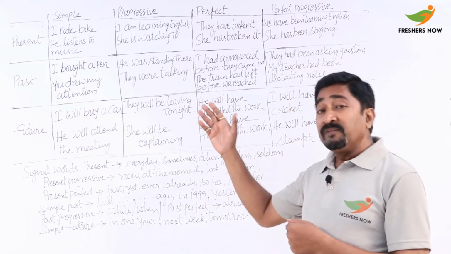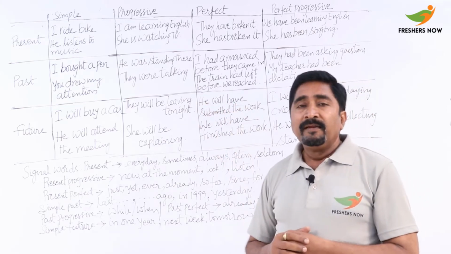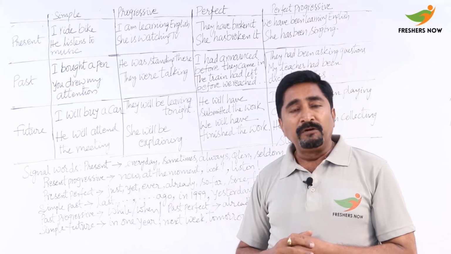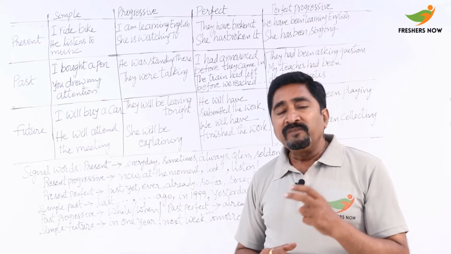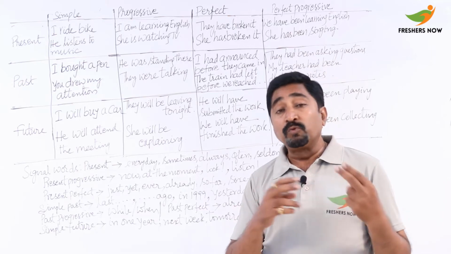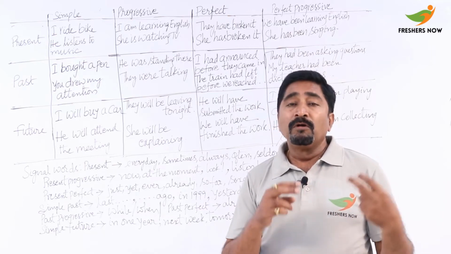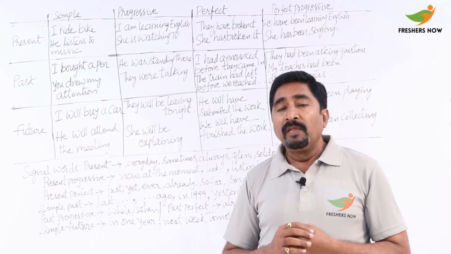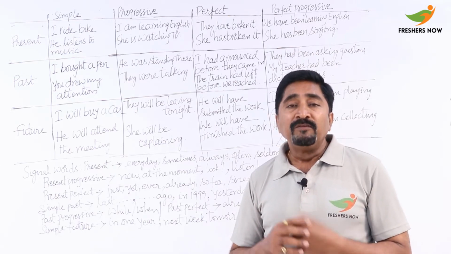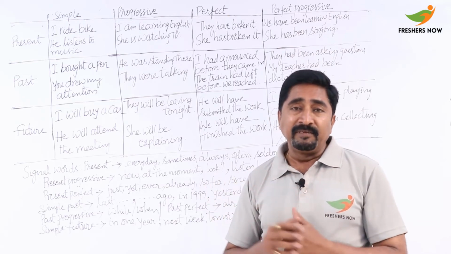Now let's see the past perfect tense. In the case of past perfect tense, we should be careful that there must be two completed activities which were interconnected or interlinked. And that way we can use this past perfect tense to speak of the order of activities.